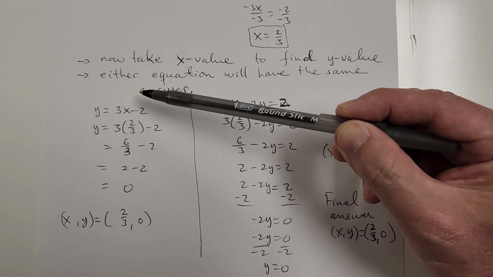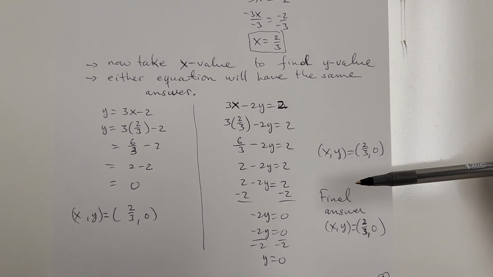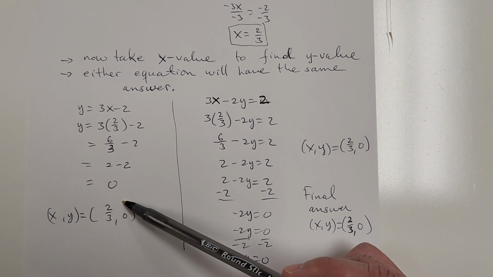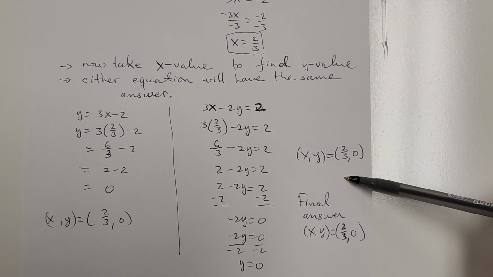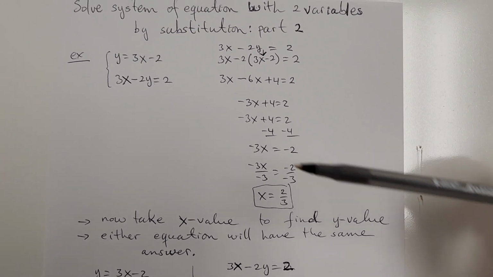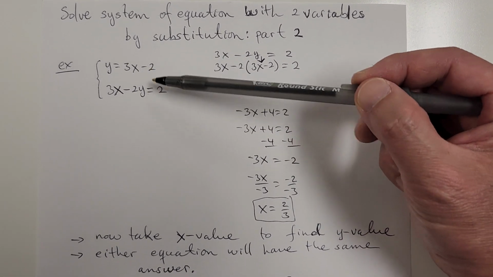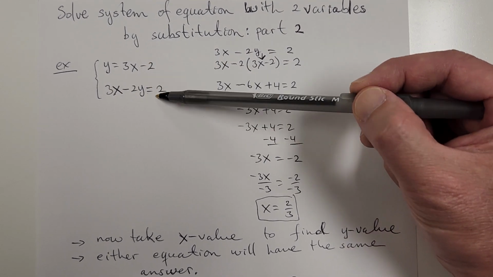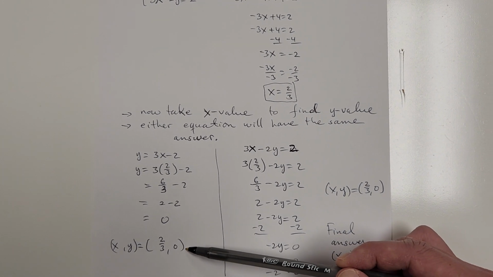So the solution for this system of equations is 2/3 comma 0, and same thing on this side, 2/3 comma 0. So the answer to this system of equations, for both of these equations, is 2/3 comma 0.